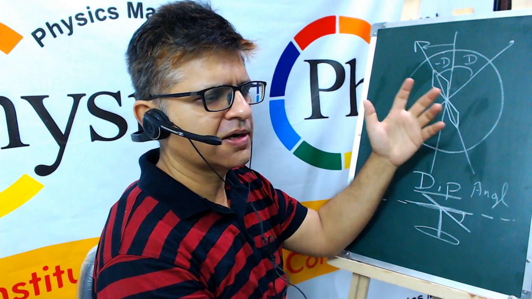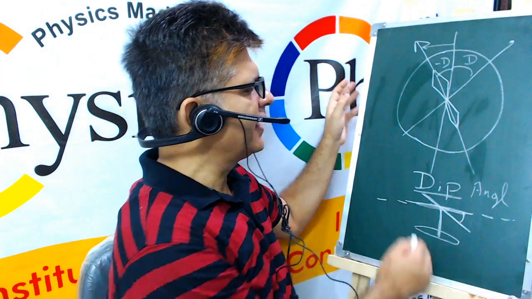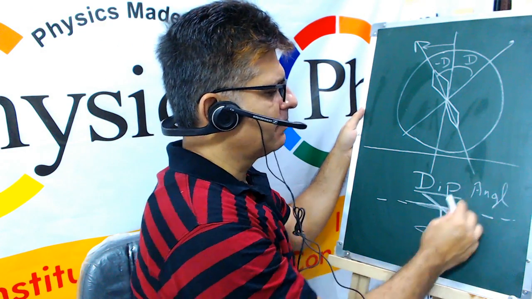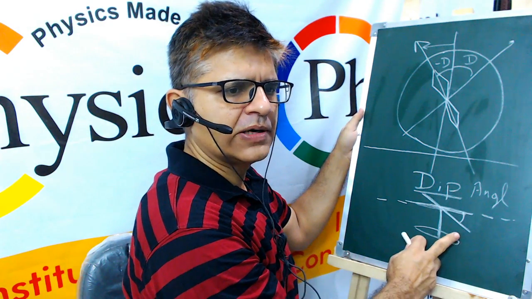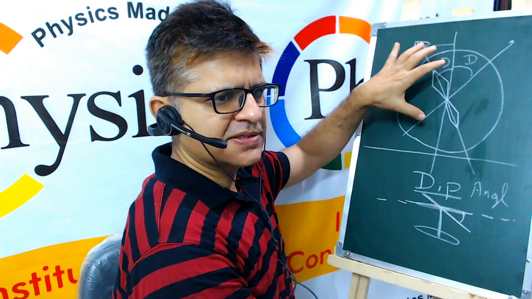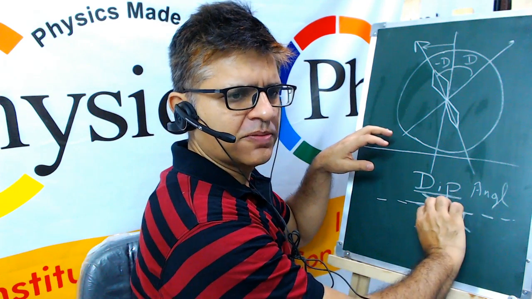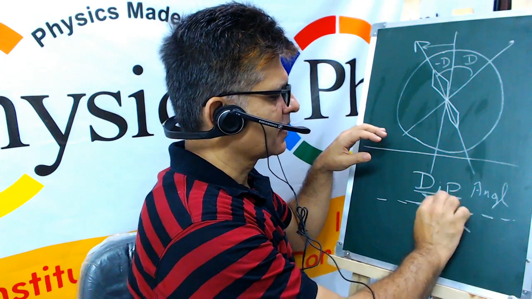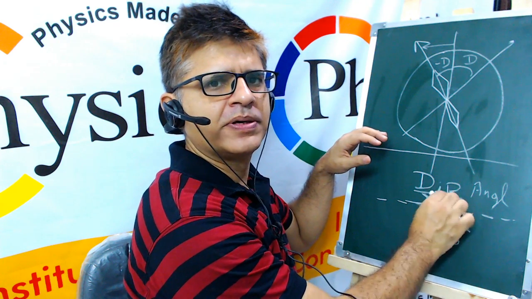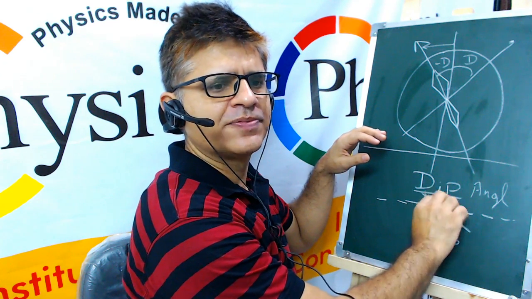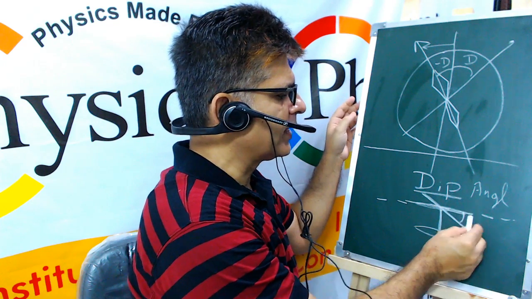So inclination looks like this, but the angle of declination is this. Inclination is the movement of the needle of the dip circle, which will give you an insight into the dip angle.